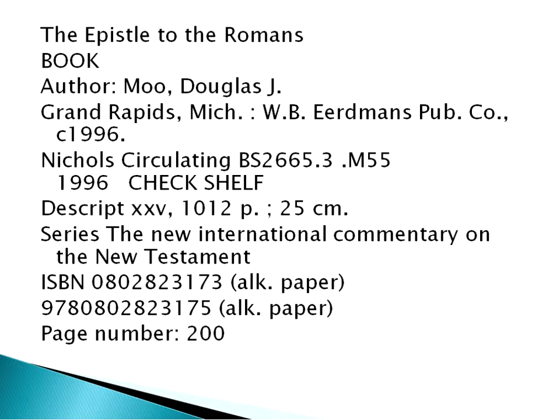Another one here. This time, Douglas Moo's Epistle to the Romans, a commentary. What information on this screen don't I need? Now this one down here is the page number you're going to be citing.